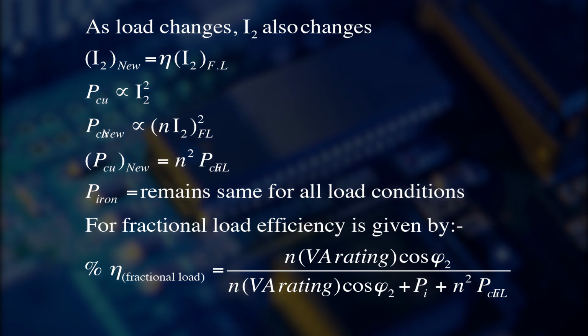So for fractional load, the percentage efficiency can be given as N multiplied by the VA rating multiplied by the power factor, that is cos phi, upon N multiplied by VA rating multiplied by power factor, that is cos phi, plus Pi, that is iron losses, plus N square PCU at full load.